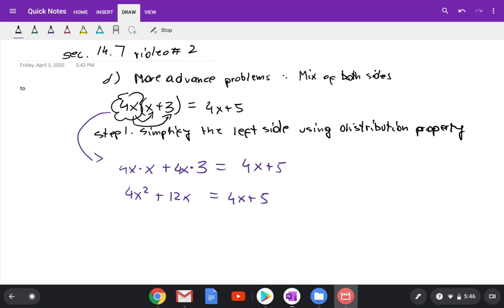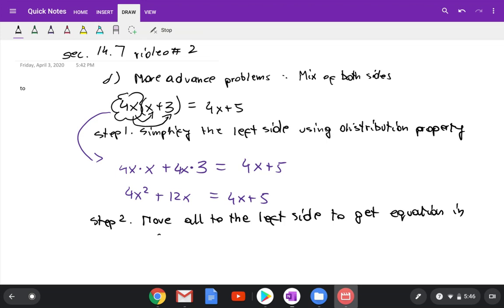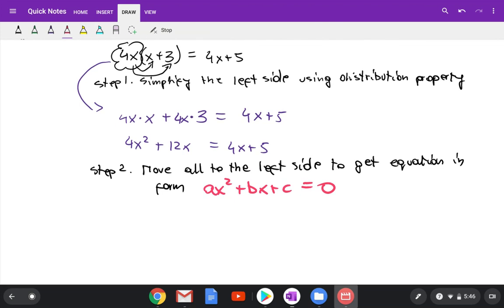Next, step 2, you want to move all to the left side to get a quadratic equation in the form ax squared plus bx plus c equals 0. This is what we want to do because we already know how to solve a quadratic equation like that.